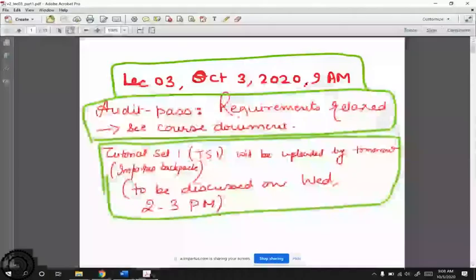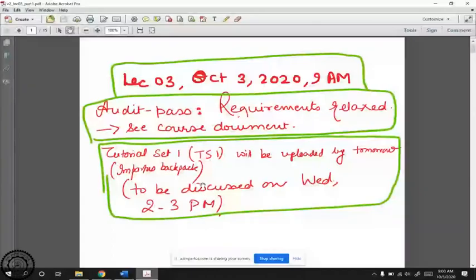Okay. The second announcement is that maybe this evening or by tomorrow, I am going to upload tutorial set 1, which will have 4 or 5 practice problems based on the concepts that we are covering on tensors.